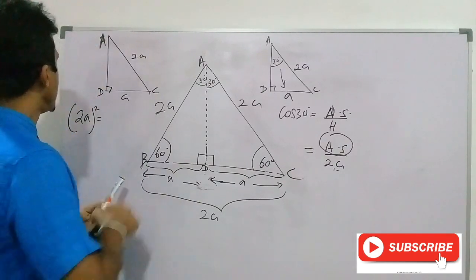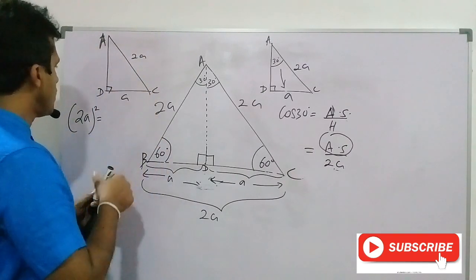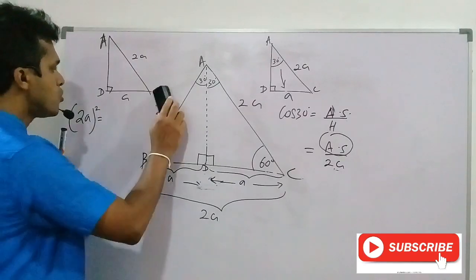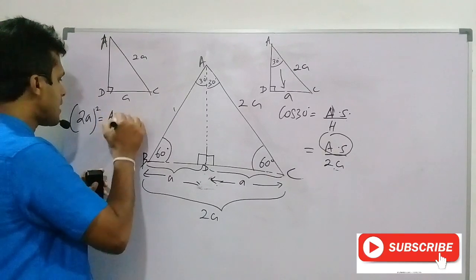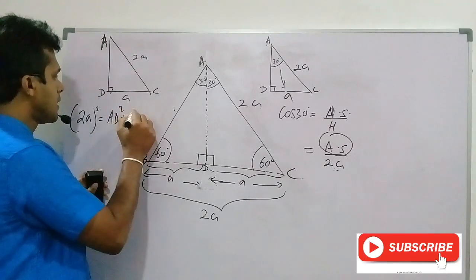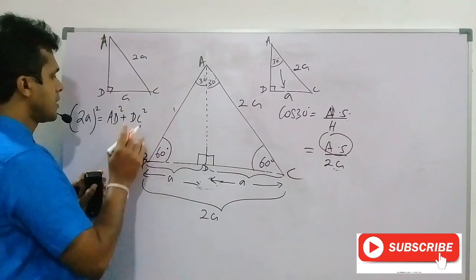So (2a) square equals AD square plus DC square.